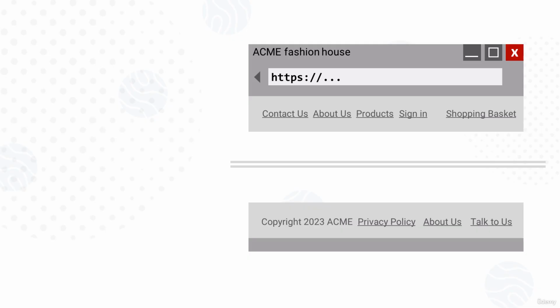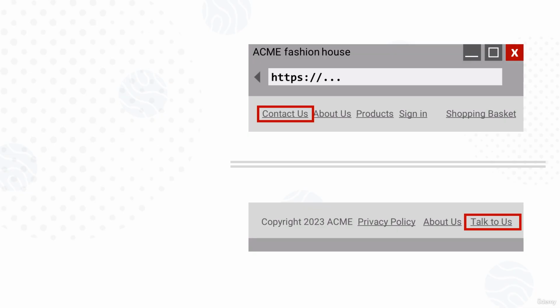The criterion has the requirement if you provide a global help mechanism such as human contact details, a self-help option, or fully automated contact mechanism, then it must be provided in a consistent location. Sometimes help links are located in the header, the footer, or even provided via a chatbot.